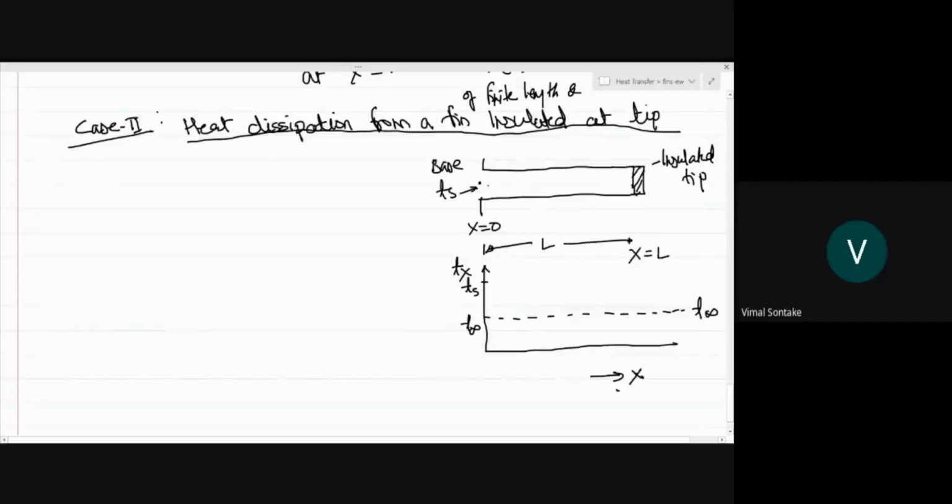But as the heat is conducted into this fin along the length of the fin, and heat is also convected from the fin surface, the temperature of the fin goes on diminishing as we move away from root to the tip. So this will be decreasing.